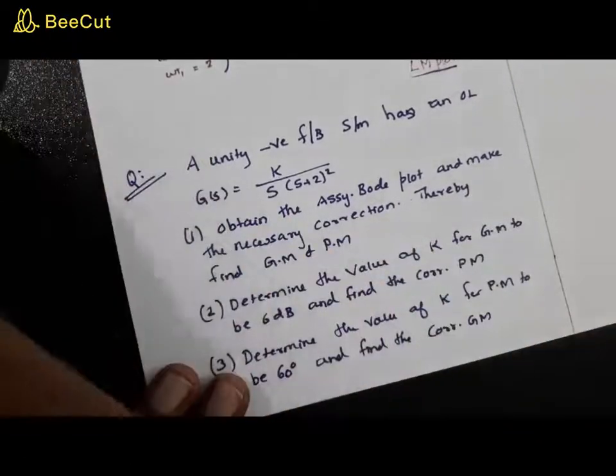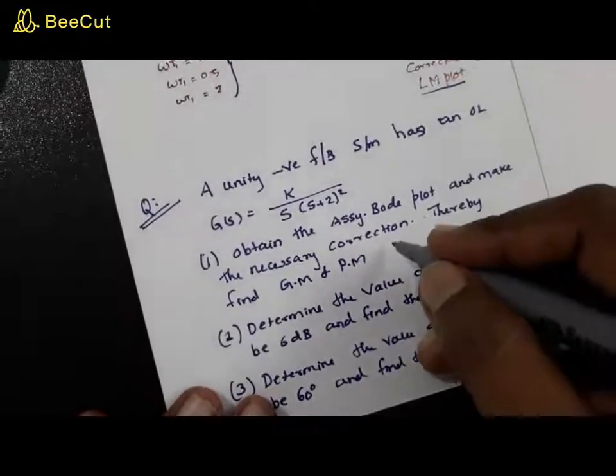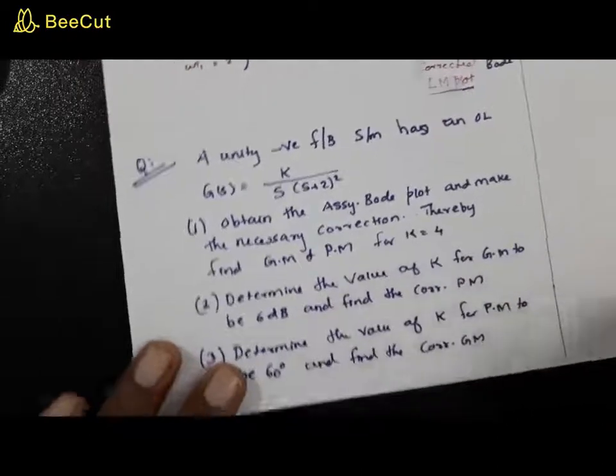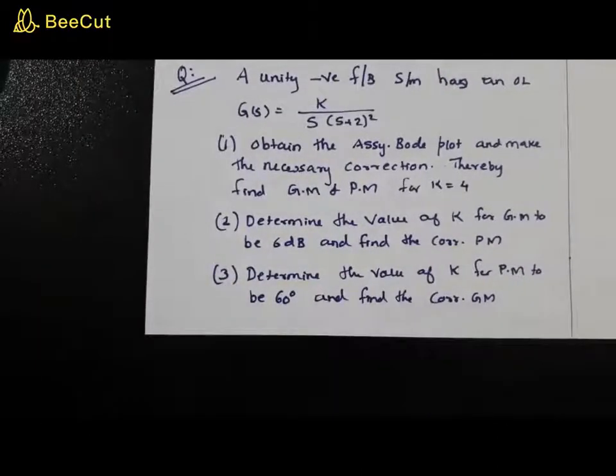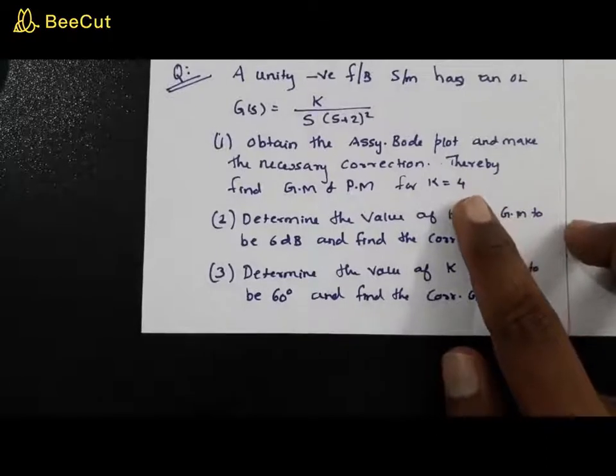Assuming one more part is also there, assuming gain margin for K equal to 4. So in the first part, you have been given a constant K which is equal to 4.